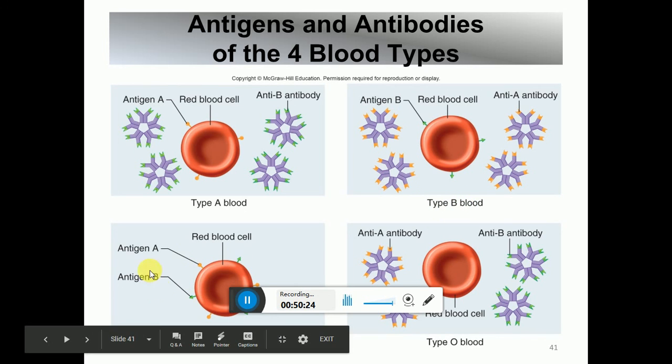On this one, you don't see any antibodies at all, and it has both antigens, A and B, so this individual has type AB. On this one, you can see no antigens on the surface, but both kinds of antibodies circulating, so this individual is type O.